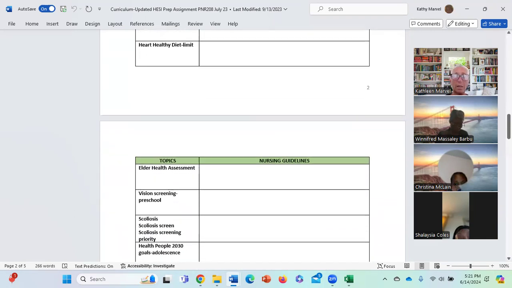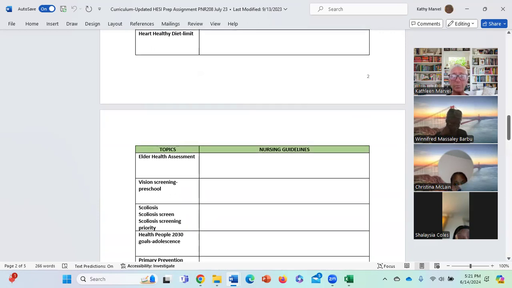What about a heart healthy diet? What is a heart healthy diet? And how do you teach somebody about a heart healthy diet? A heart healthy diet is to reduce risk of cardiovascular disease by promoting nutritious eating habits.